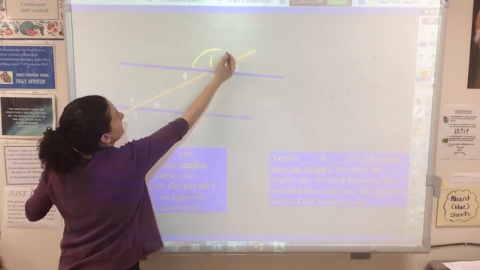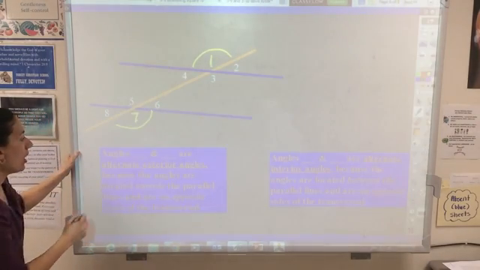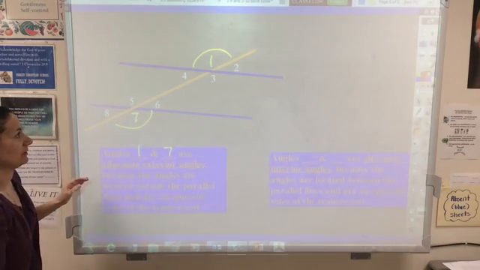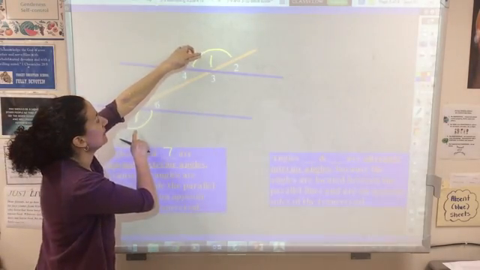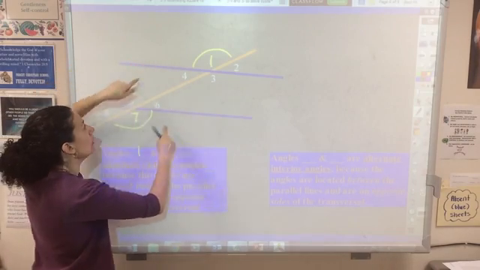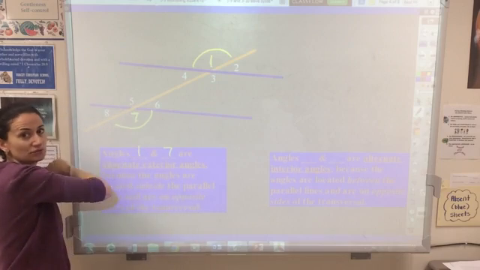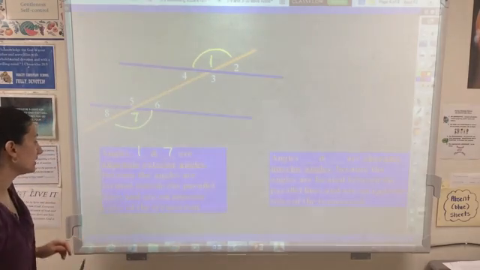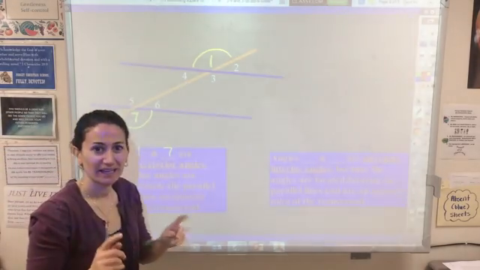Angle 1 and angle 7 are alternate exterior angles because they fall outside of the parallel lines and they're on alternate or opposite sides of the transversal. Do you see it? Angle 1 and angle 7 are called alternate exterior angles, and you know what? They are equal.